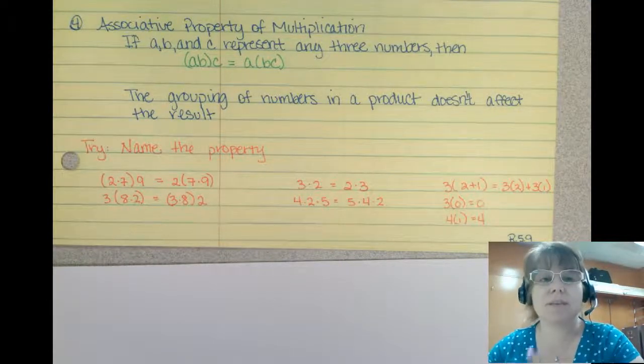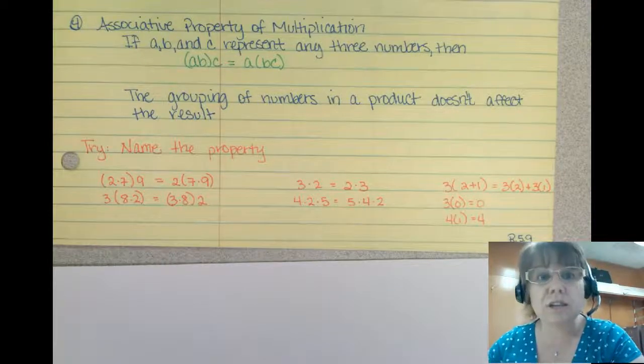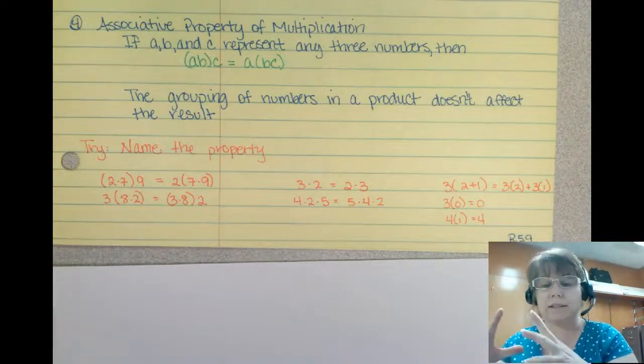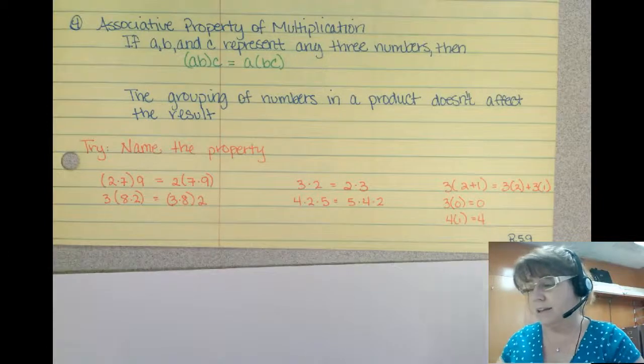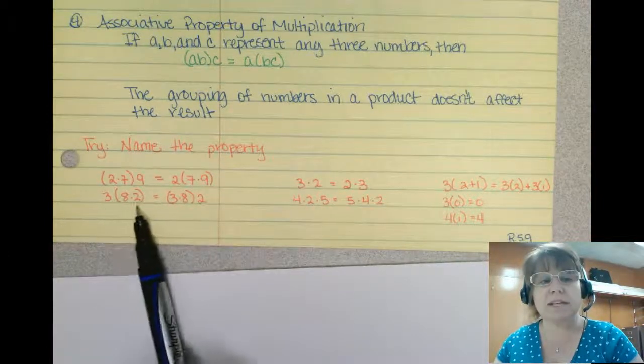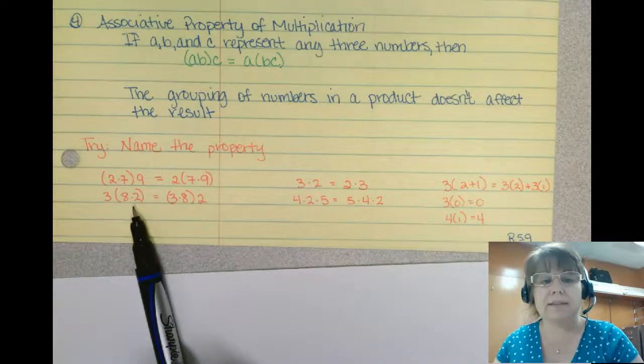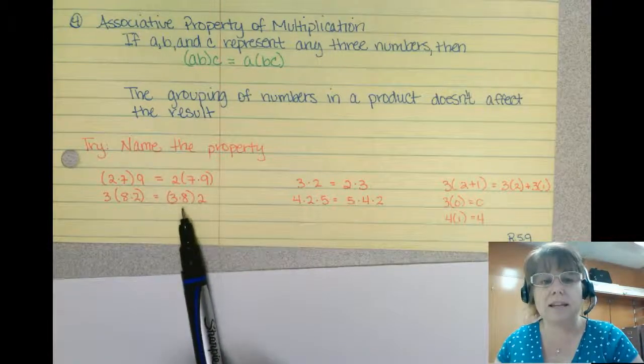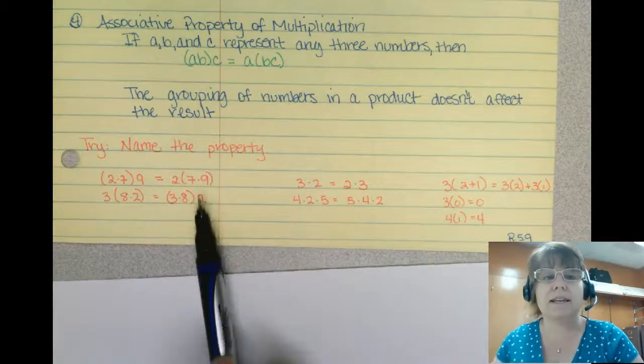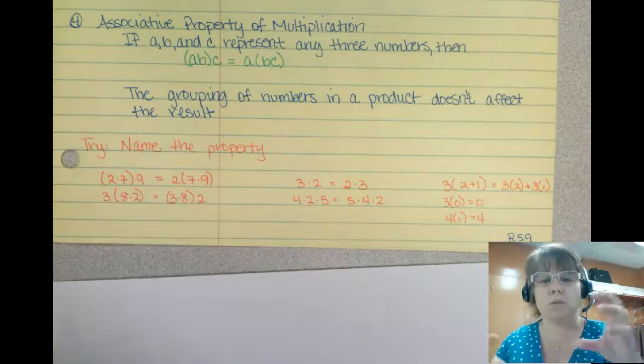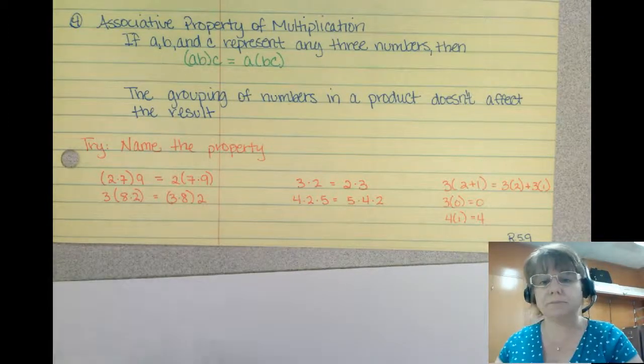Well, that's pretty easy because it's right there up on our screen, the associative property. It's how we group it. Likewise, with 3 times the quantity 8 times 2, and first doing 3 times 8, then multiplying by 2. Again, that's the associative property. We're grouping them a certain way.